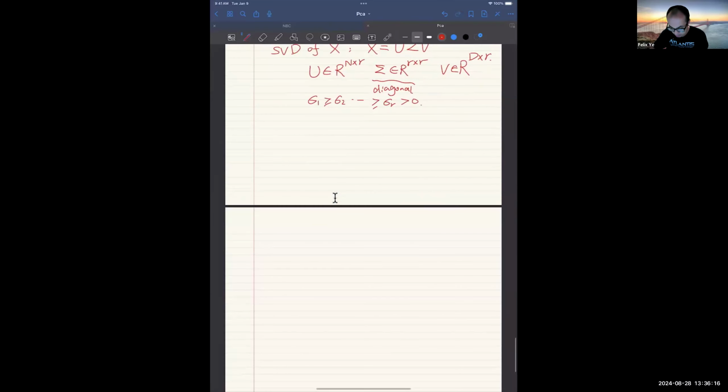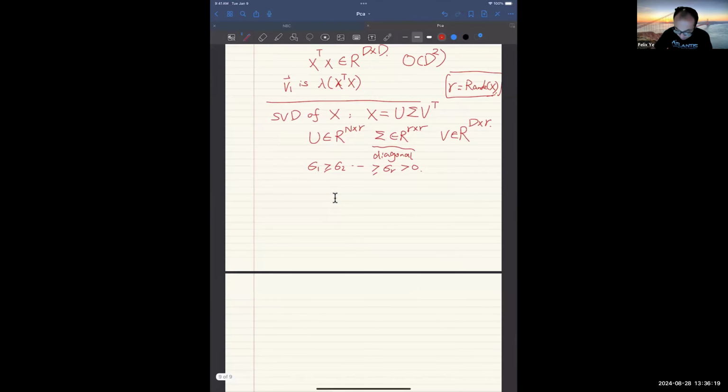So the first thing is, if we calculate X transpose X using the singular value decomposition, X transpose X is V sigma U transpose times U sigma V transpose, so this is V sigma squared V transpose.